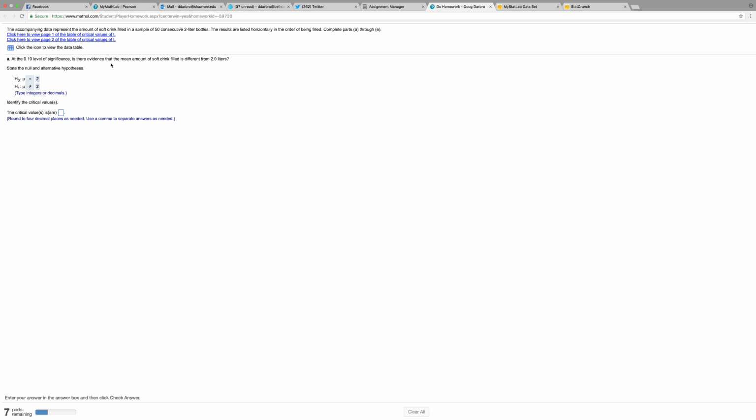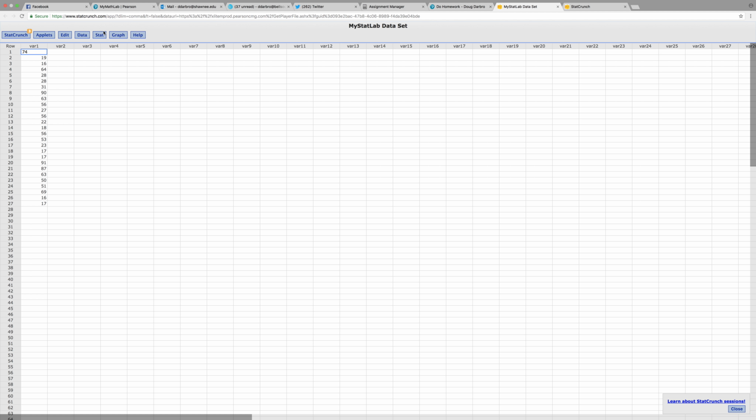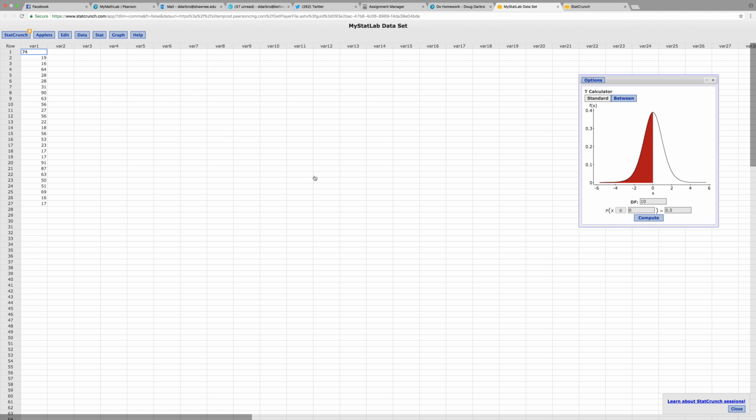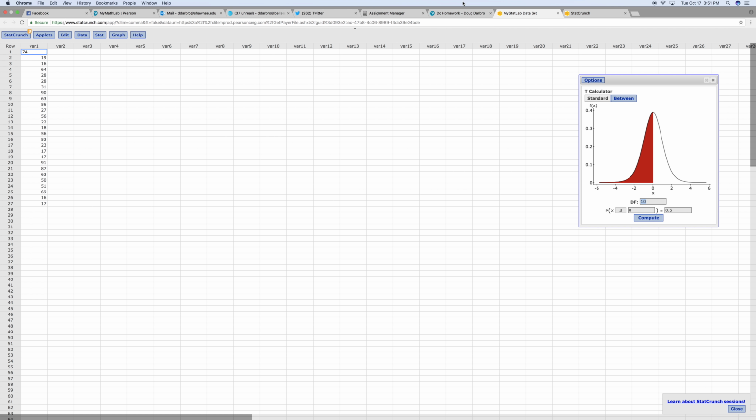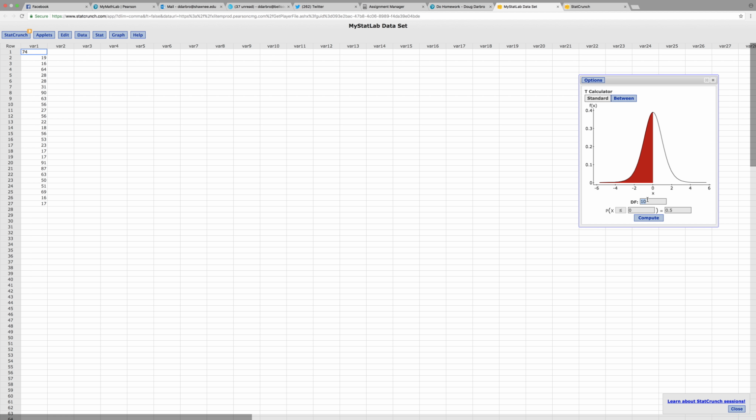Critical values. We're testing whether the soft drink amount is different, so we're using a T distribution with 0.10. Sample size, I forgot to look at: 50, so degrees of freedom 49.